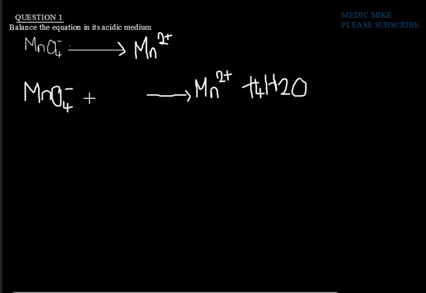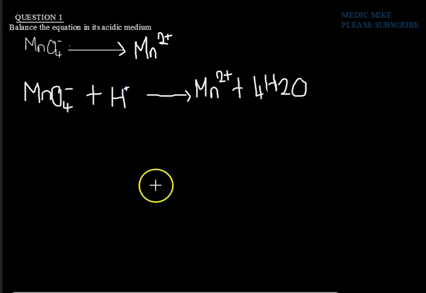So what we have to do here is very easy. We just add hydrogen to the other part of the reaction. So here we'll be adding plus H plus. We're adding hydrogen ion specifically. That's what we'll be adding there.